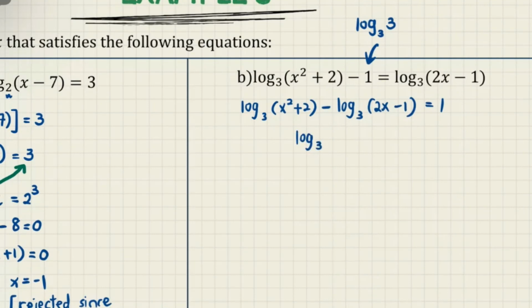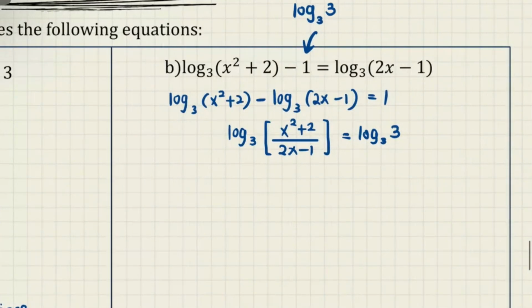So log of base 3 x square plus 2 over 2x minus 1 is equals to 1, ini saya jadikan dia sebagai log of 3, 3. Alah, sebenarnya sama je. Okay, tak apalah. Betul je pun. Kemudian kita nampak base dah sama. So bila base dah sama, kita boleh terus compare.